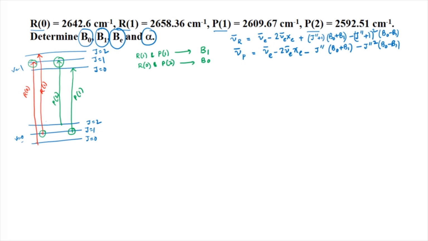So, let us try to find out what is then nu bar R 0. We have to put J double prime equals 0 in the expression of nu bar R, and if we do that, what we get? Let us write nu bar E minus 2 nu bar E chi E as nu bar.